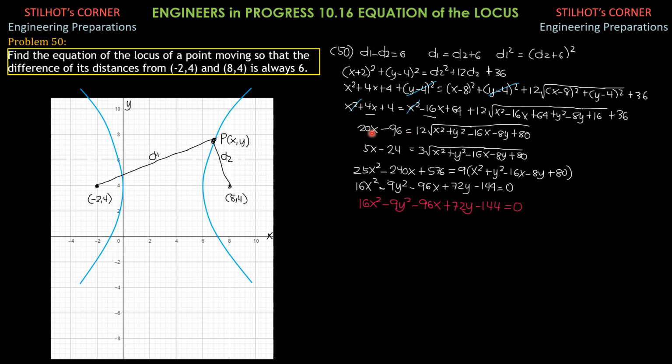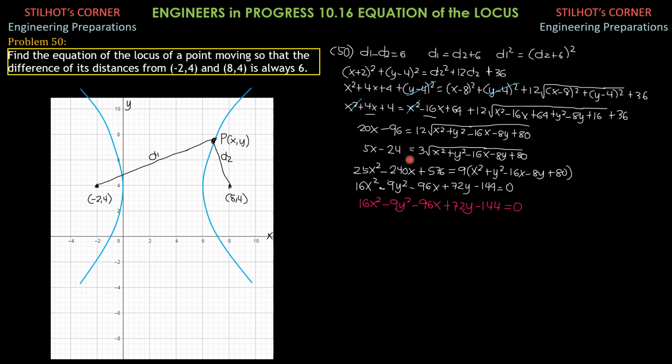Then all these coefficients and terms are divisible by 4 again. Divide everything by 4, so we have 5x minus 24 equals 3 times the square root, we copy that. Square both sides, so 5x quantity squared is 25x squared. 5 times negative 24, negative 120 times 2, so negative 240x.